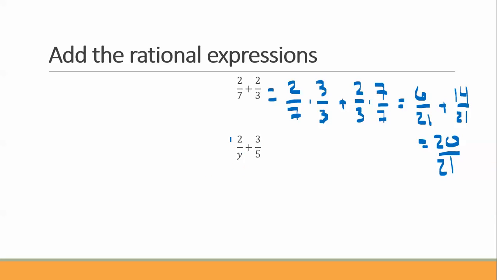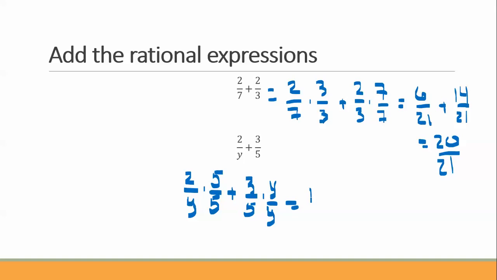This last one, we want to divide this one into 5 and this one into y. So we have 2 over y times 5 over 5 plus 3/5 times y over y.